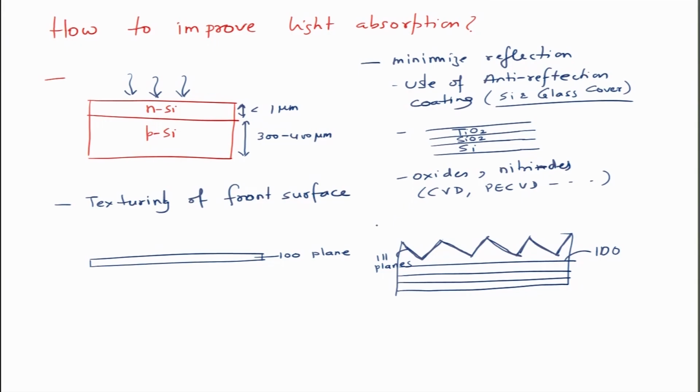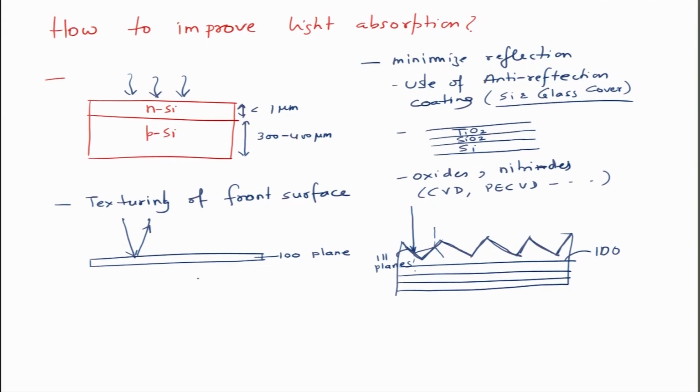So, when the light now comes, in this case if the light came, it would directly get reflected. Okay. Here, if your light comes in this fashion, part of it will get absorbed, part of it might get reflected, it might go there, then it might go there. So, basically you have maximized the absorption of light by this surface texturing.